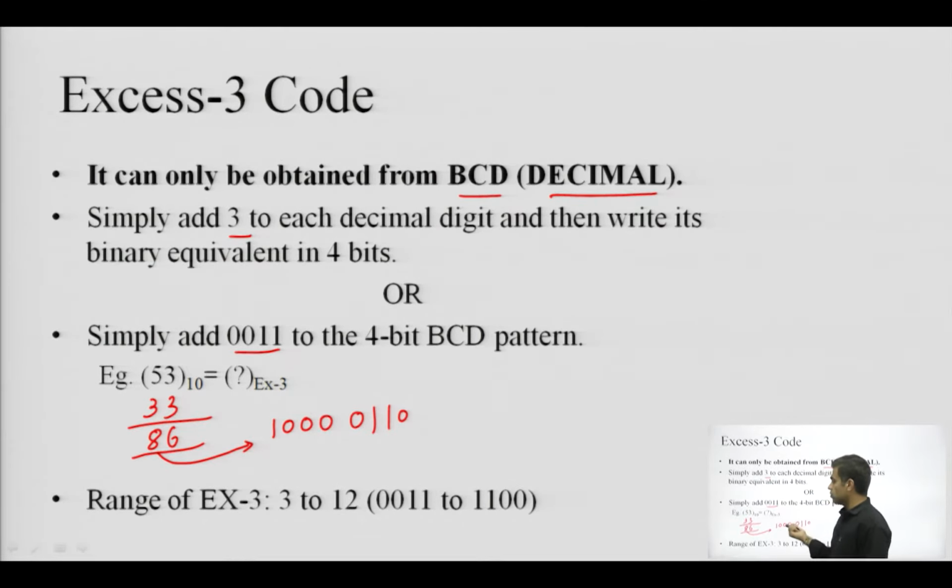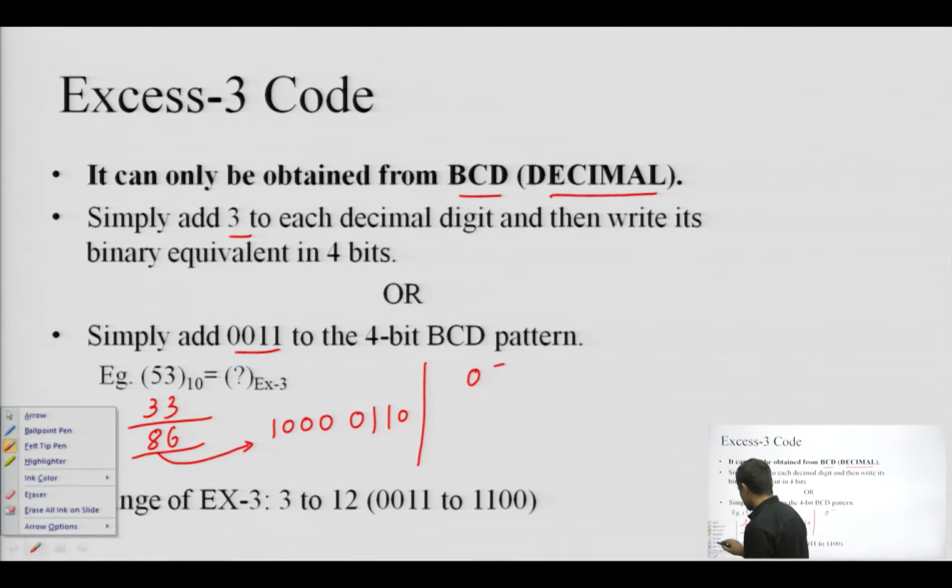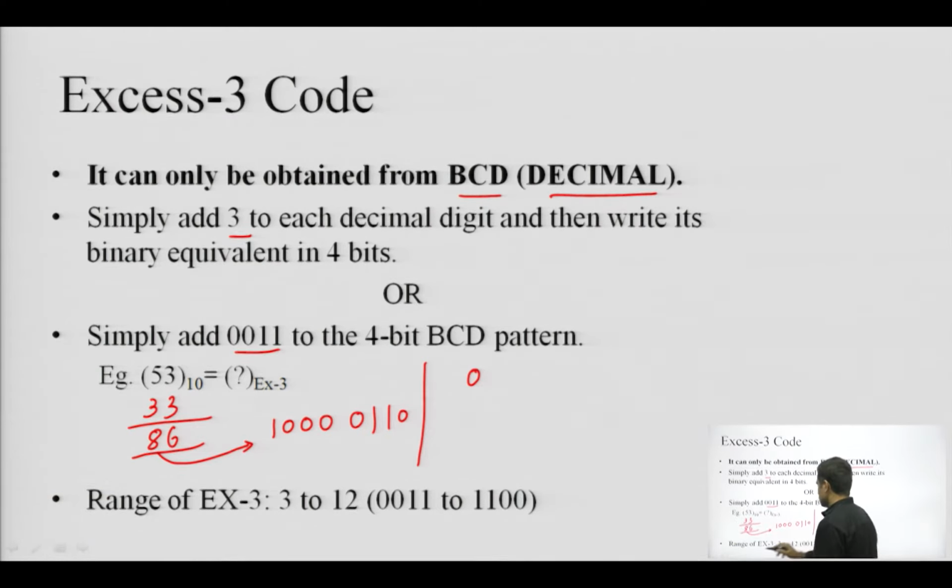So, this is the excess-3 equivalent of this number 53. If I had chosen to obtain this excess-3 from BCD, then 53 should first have been written in BCD. For 5 I will be writing 0101, and for 3, 0011, and similarly I add 3 to both these numbers.